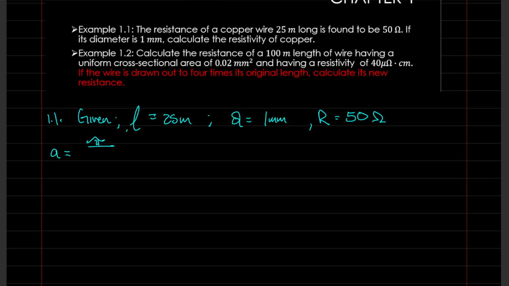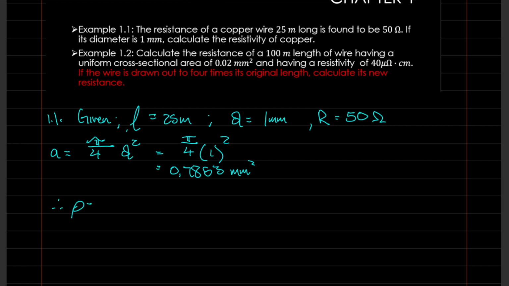Since we are given a diameter, we're going to assume the cross section is a circle. So we will use this equation, area equals pi over 4 times d squared, with 1 millimeter squared, which is going to give us 0.7853 square millimeters.